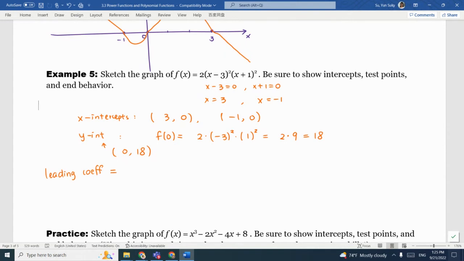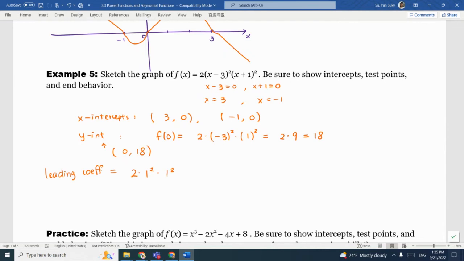So it will be 2 times, do you see this is like 1 times x? So the coefficient of x in this factor is 1. So the leading coefficient is 2 times 1 squared times the coefficient of x, which is also 1, so 1 squared.